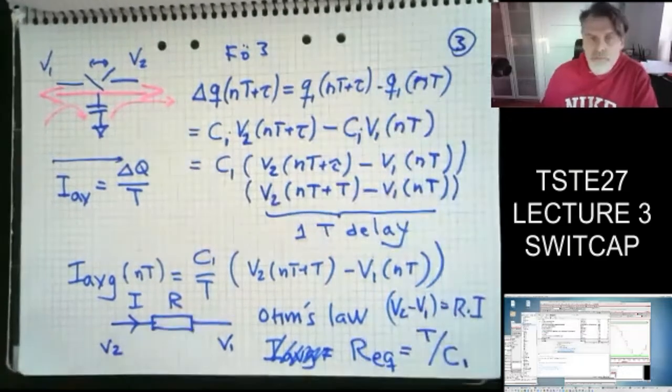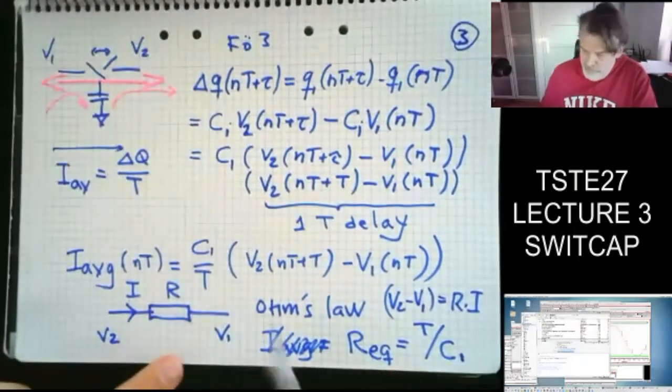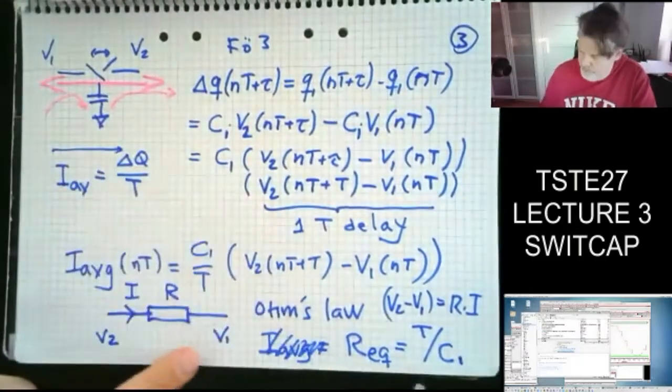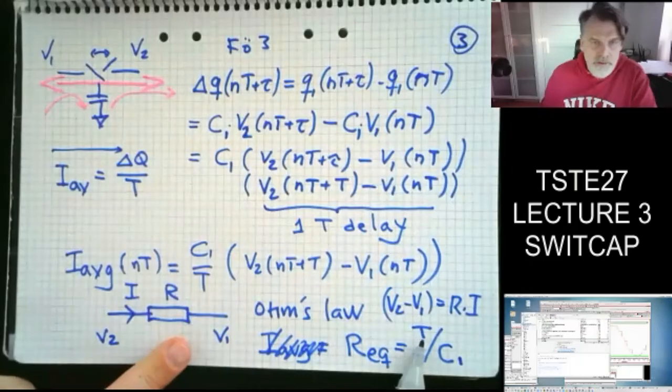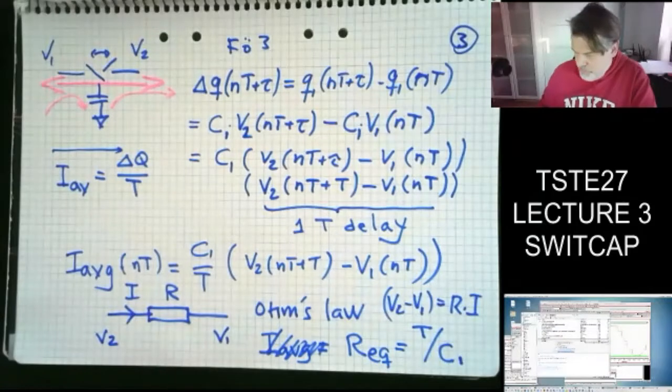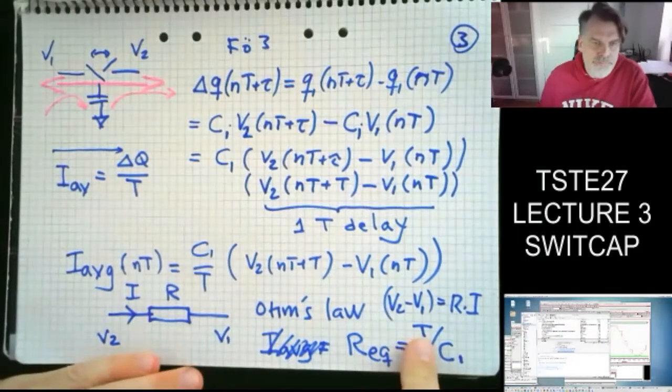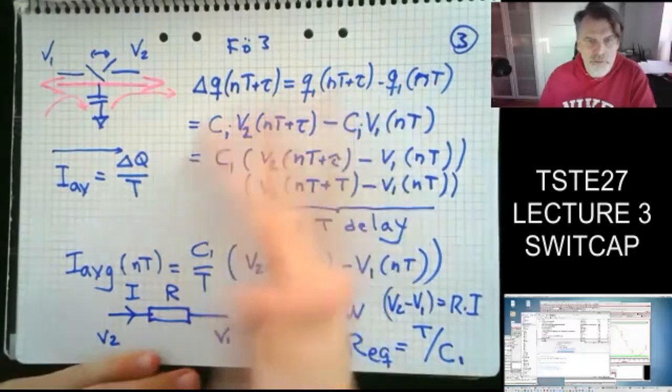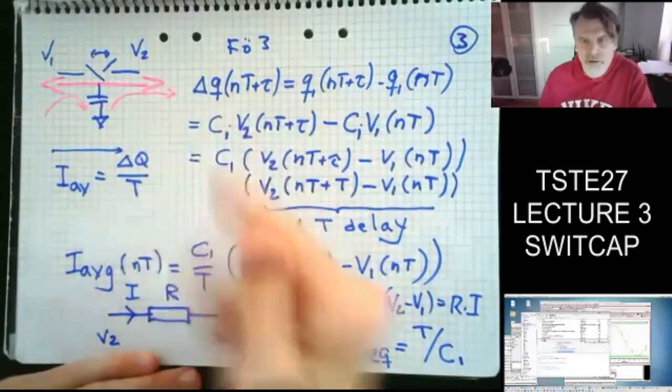If you want. So the equivalent resistance of this operation is dependent on the time and the capacitor. If you think about the logic here, if I have a small time, I mean a very high frequency, this switch is switching very fast.